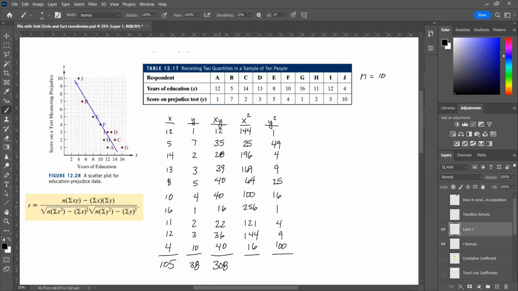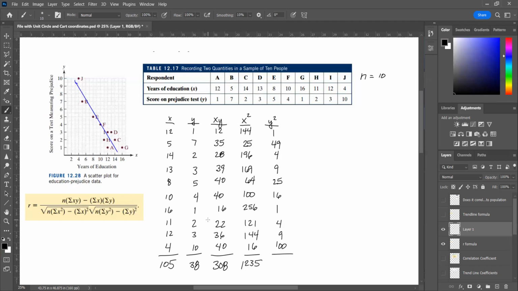Summing the next column, 144 plus 25 plus 196 plus 169 plus 64 plus 100 plus 256 plus 121 plus 144 plus 16 gives me 1235.